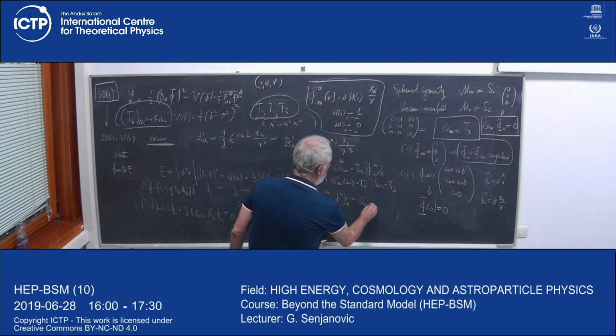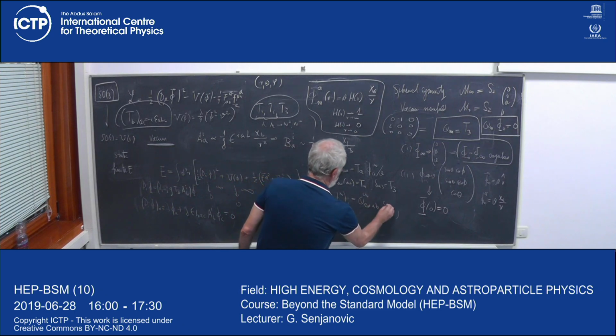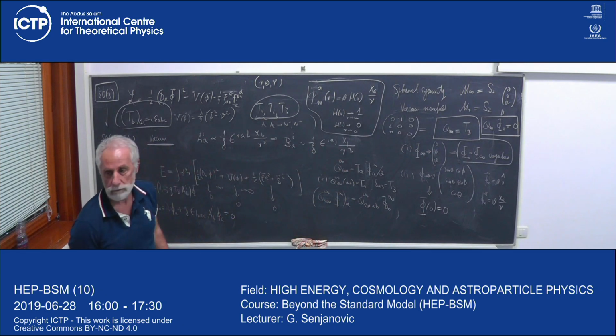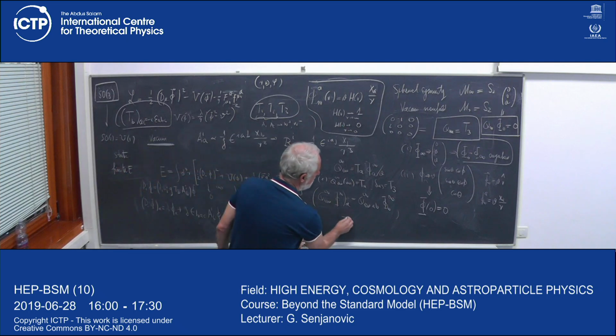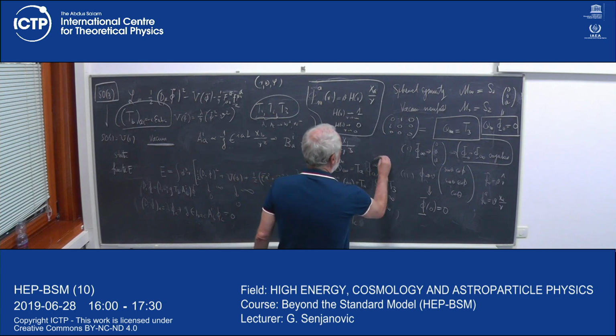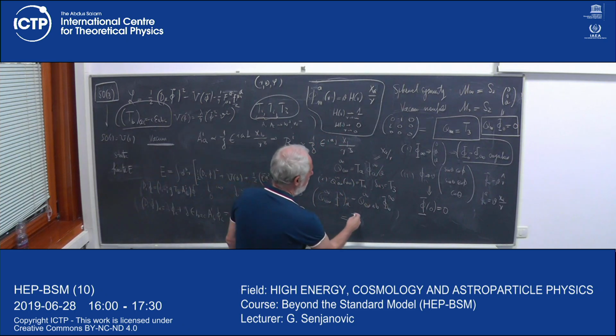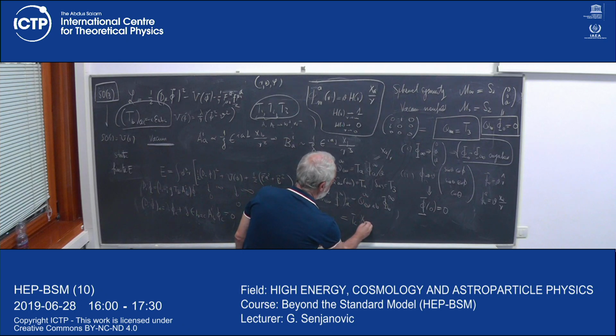It's Q electromagnetic at infinity, element ab, acting on phi b at infinity. What is the element ab? It's T_c. Now you write this: x_a over r. So this is T_c x_c over r, element ab, acting on x_b over r.